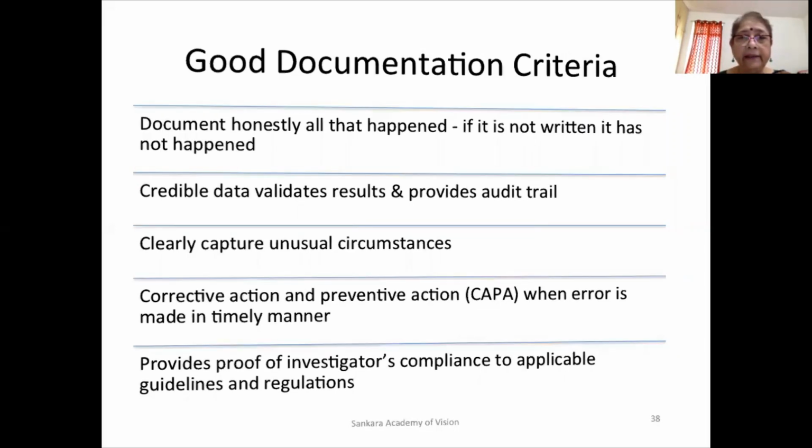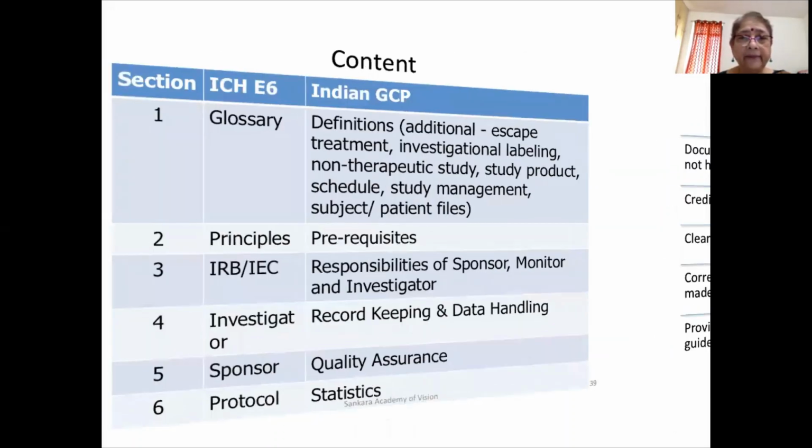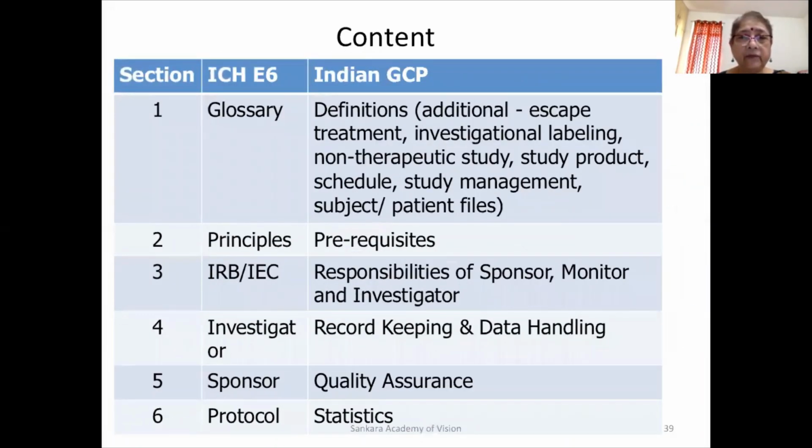And this is just a comparison of Indian GCP, which was made in 2001, based on ICH-GCP, WHO GCP, and the ICMR ethical guidelines of 2000 at that time. Comparing it with ICH E6, it had some differences.